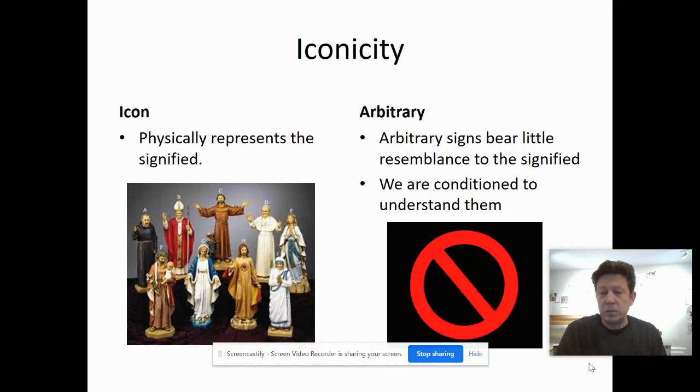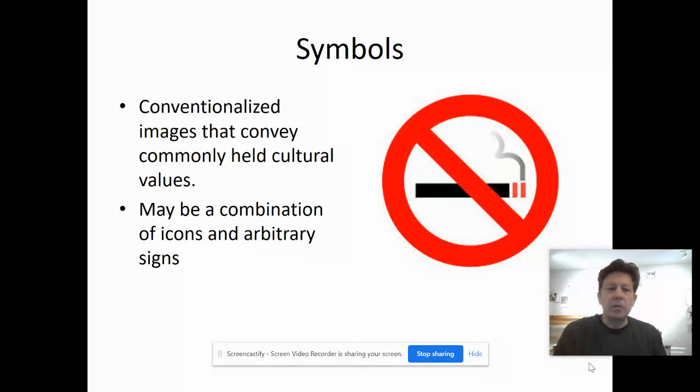So we're conditioned to understand them. So symbols then for de Saussure are put together by both real things or things that are iconic and indexical, or things that are arbitrary and artificial. So the no smoking sign, we understand, and we know it because we can see something that looks like a cigarette and that arbitrary symbol.